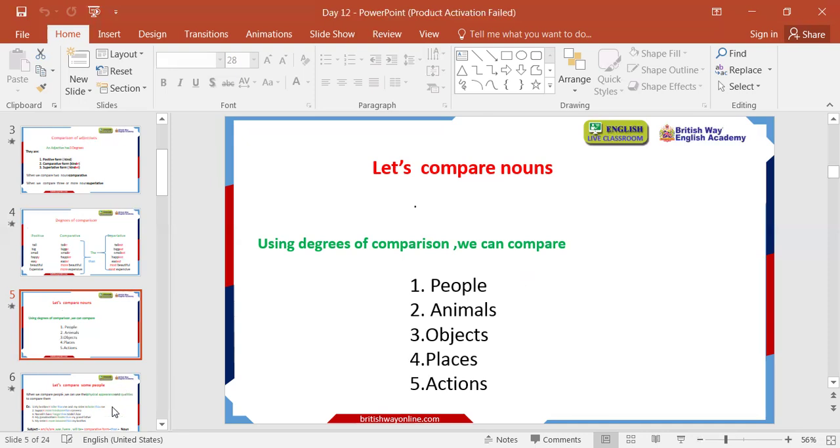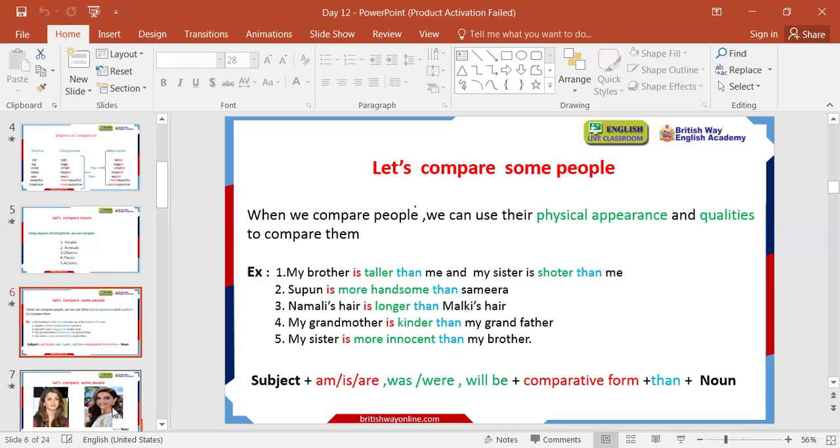Okay, first let's see, right, let's compare some people.